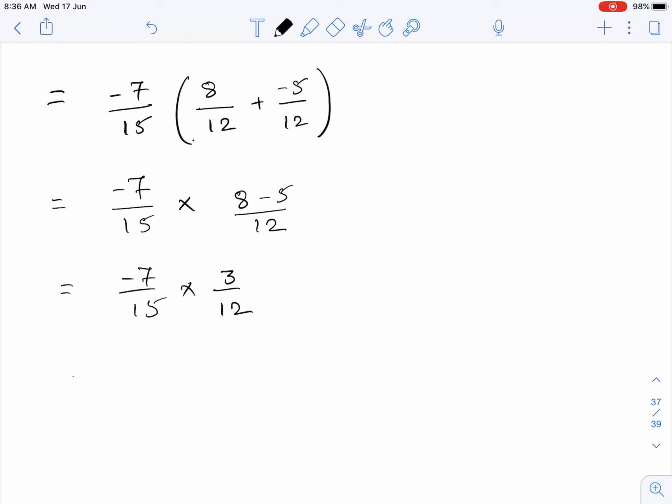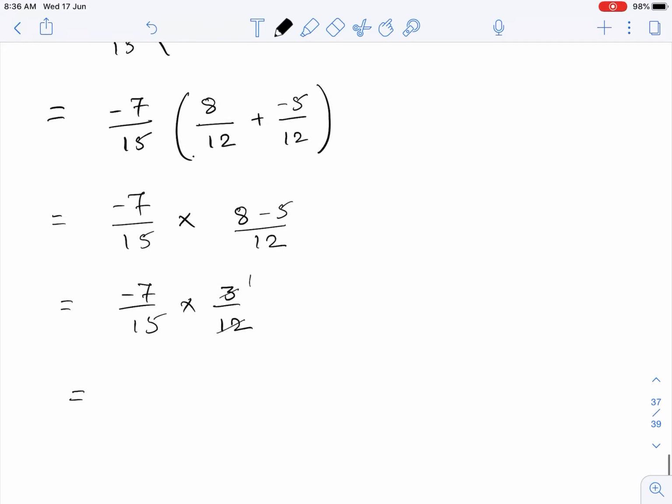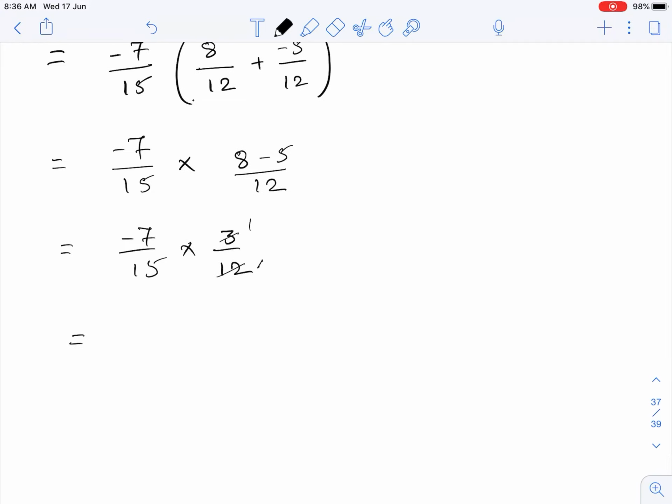Equals to, now we can divide this 3 with this 12, that is 3 1s are 3, 3 4s are 12. Now check whether we can cancel any other term or not.